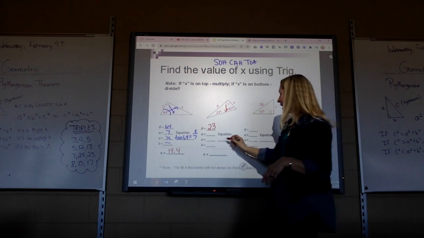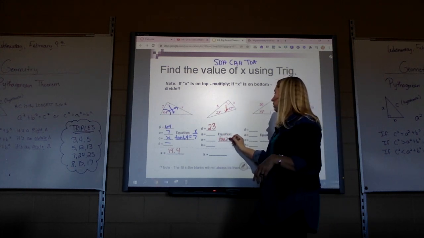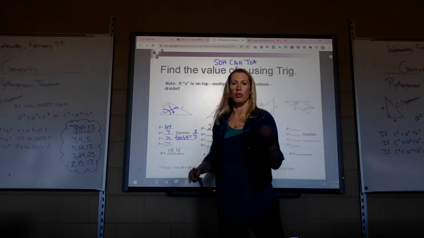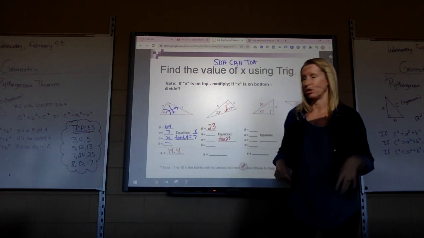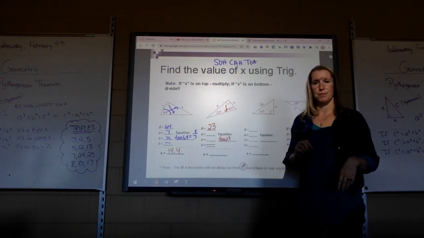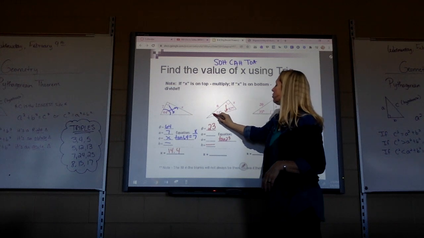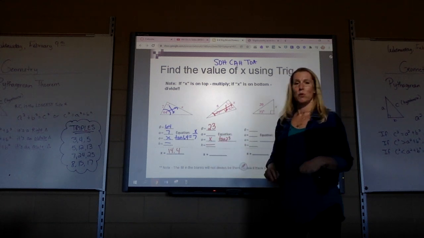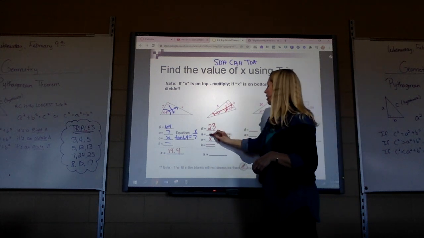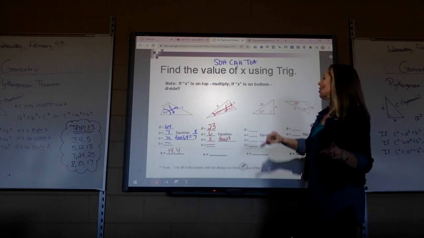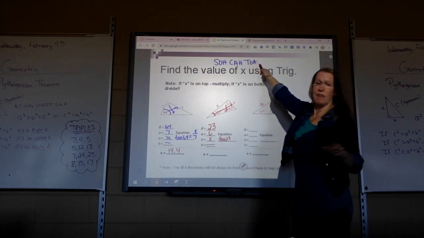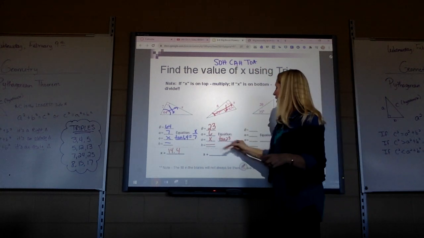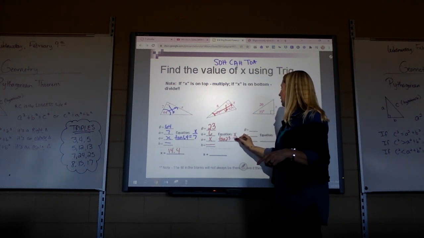I hope you said tan, so I know it's going to be tan 23, because we always put the angle next to either sine, cosine, or tangent. So if I'm using 23, what side is opposite that angle? Well, that would be x, which leaves the adjacent side 6. So remember, we have to put O on top of A. So I've got to put x over 6.